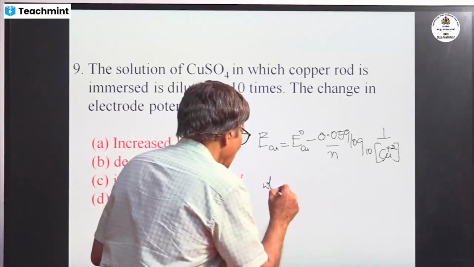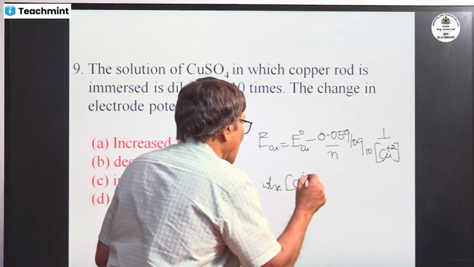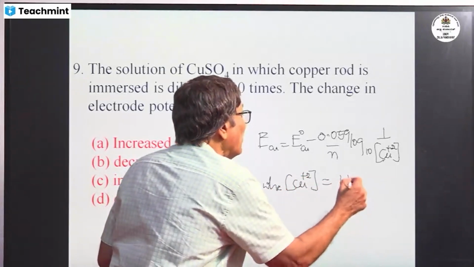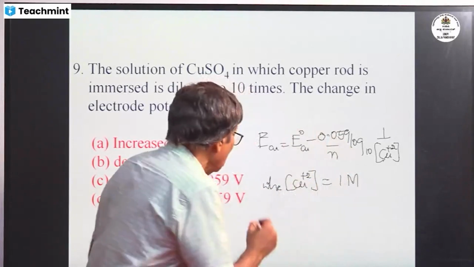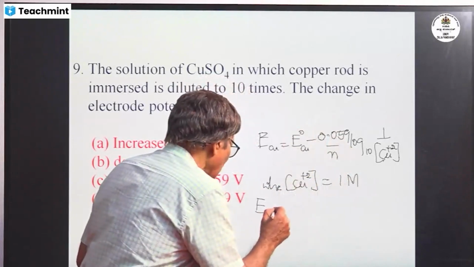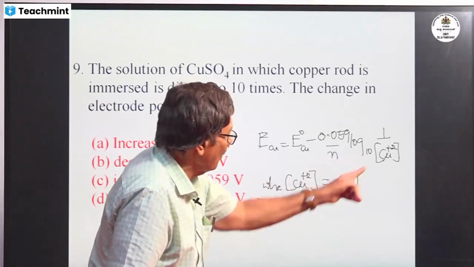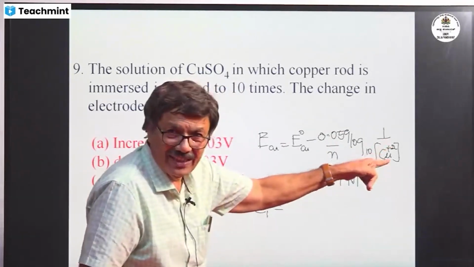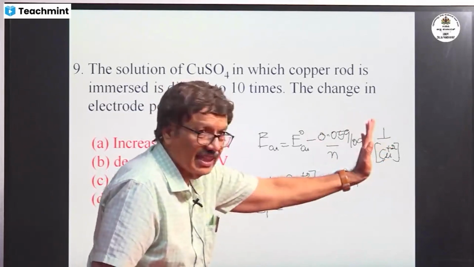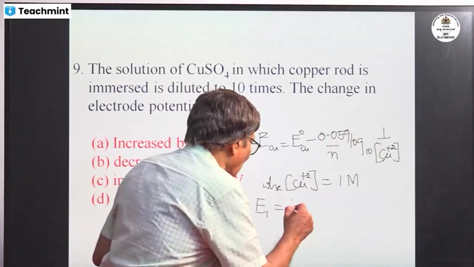When the concentration of copper ion is 1 molar, take for example 1 molar, E1 is equal to, 1 by 1 is 1, log 1 is 0, the entire term disappears, so E1 will be equal to E naught.